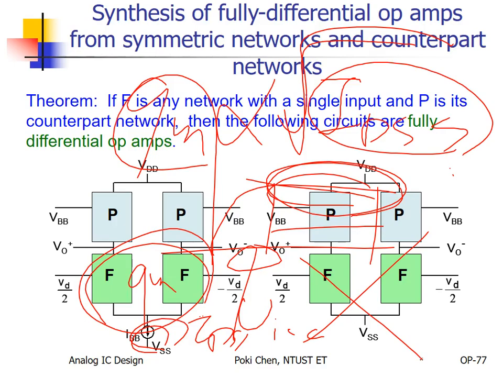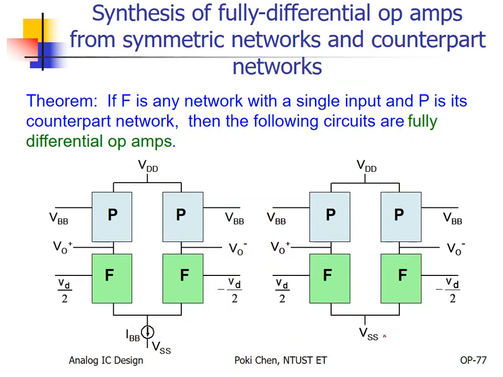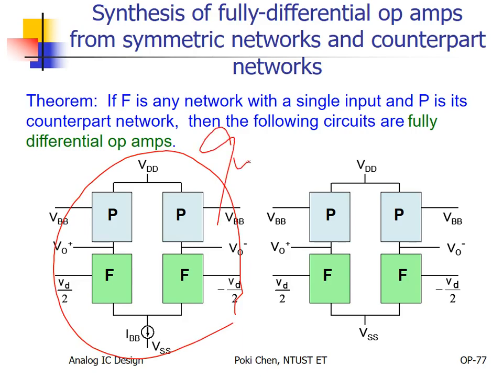Okay? Anyway, what I would like to refresh your mind, what is the mechanism to keep GM about constant for this structure, through the help of current source.